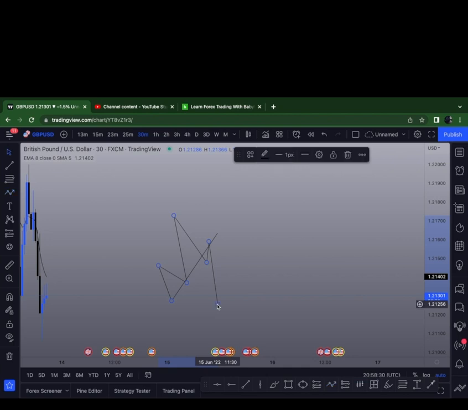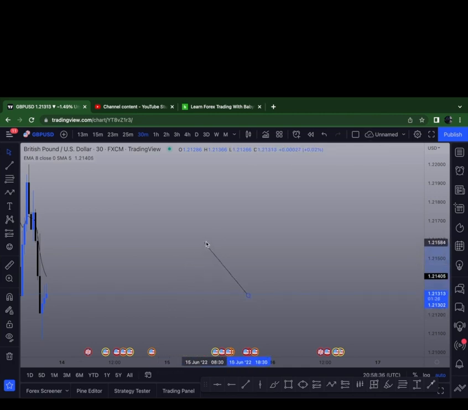If it doesn't break, like this way, if you're selling, this first, second, third, and it gives you a confirmation, you should be targeting the last high, which is this place.